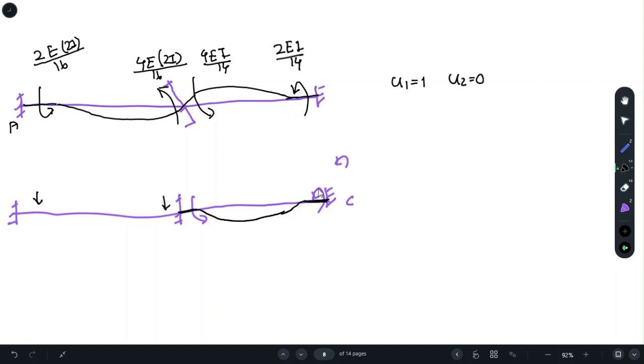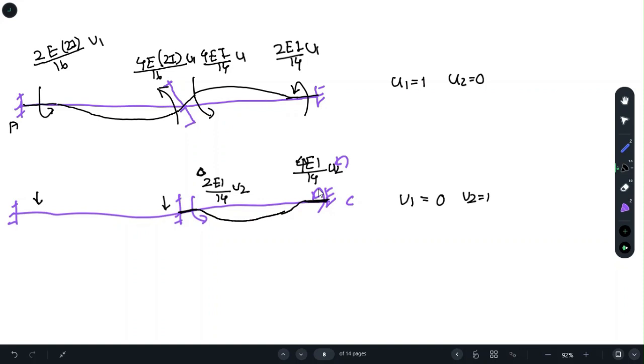So it will be 4EI over 14 multiplied by U2, and here it will be twice EI over 14 U2. So this was for U1 equal to 0 and U2 equal to 1 radian. These are the moments we get for the application of the dokis.